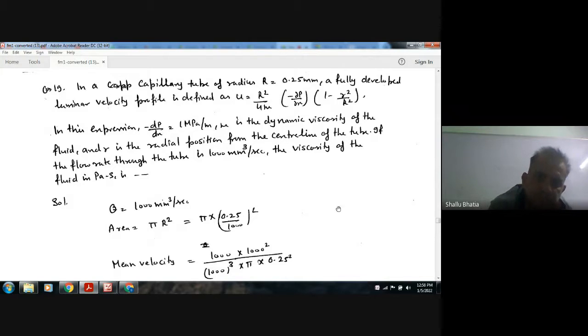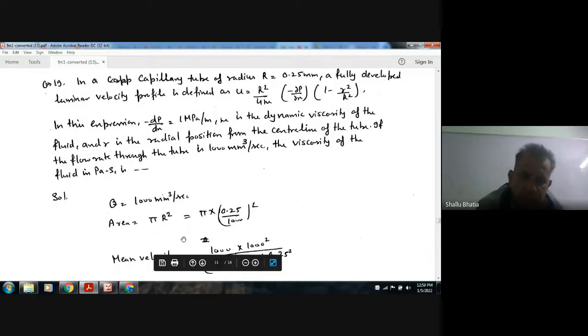So here u is given by this equation, and dp by dx is given, and we have to find out the viscosity. The flow rate is 1000 cube per second, and the radius is 0.25, so we can find out the mean velocity.